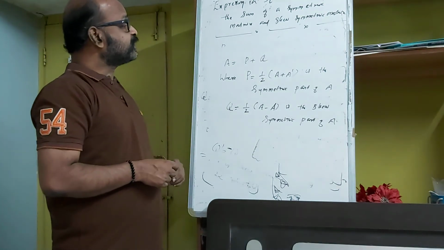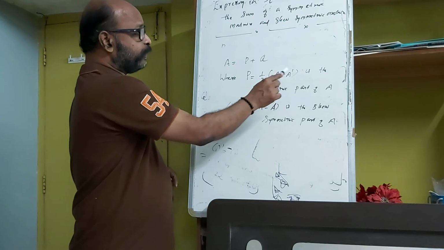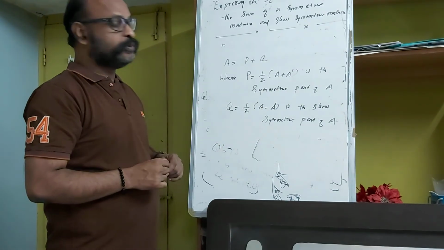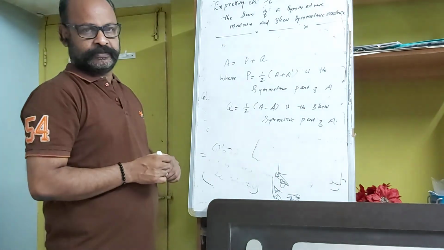The symmetric part is half into (A plus A transpose), and the skew symmetric part is half into (A minus A transpose).